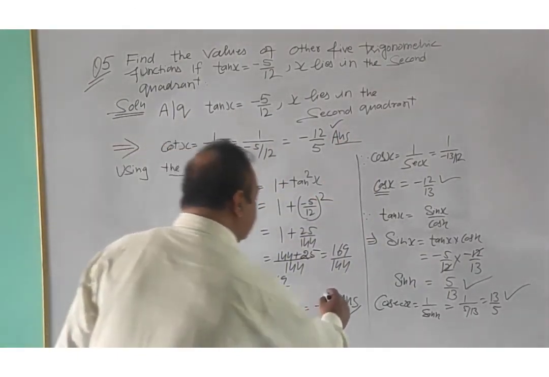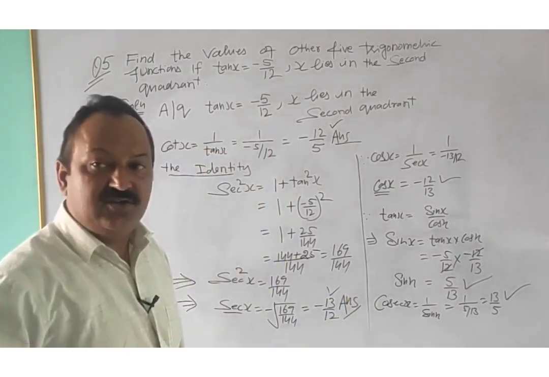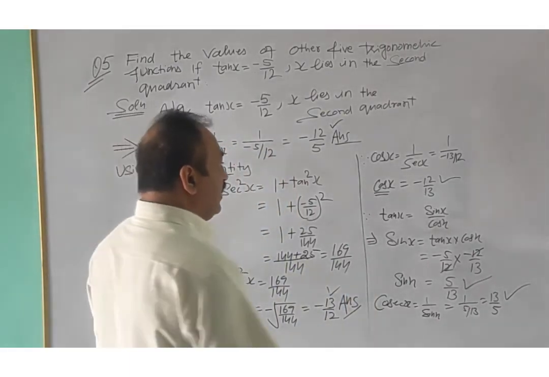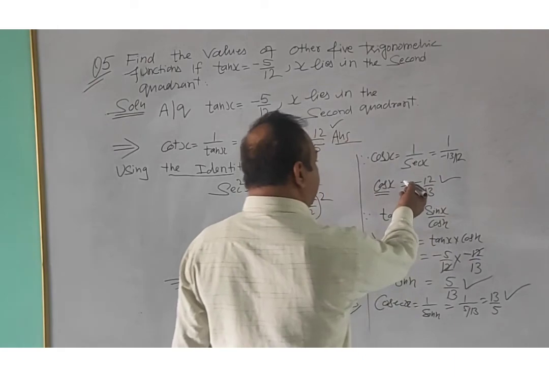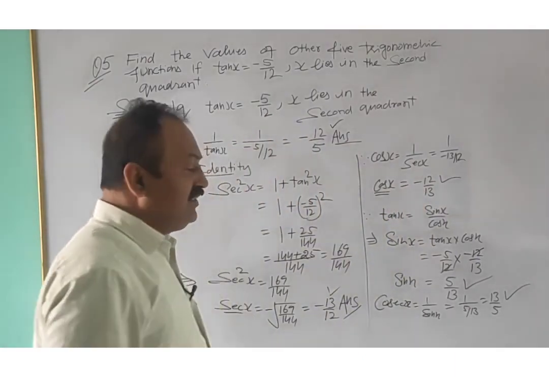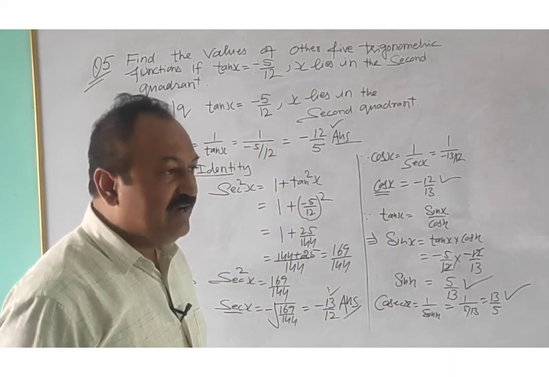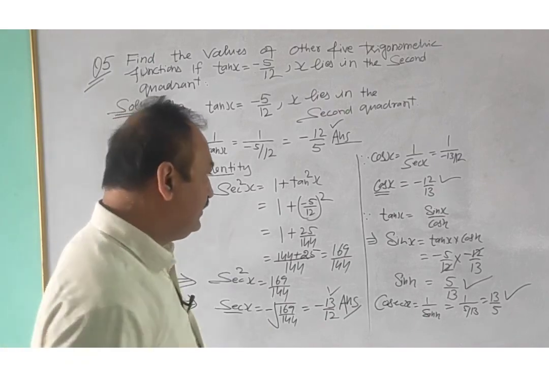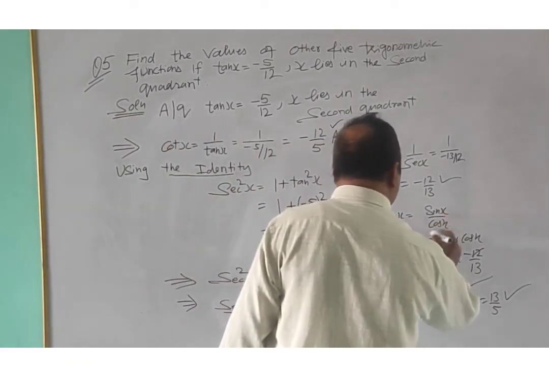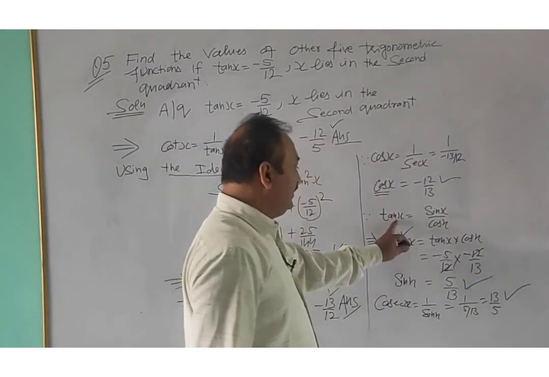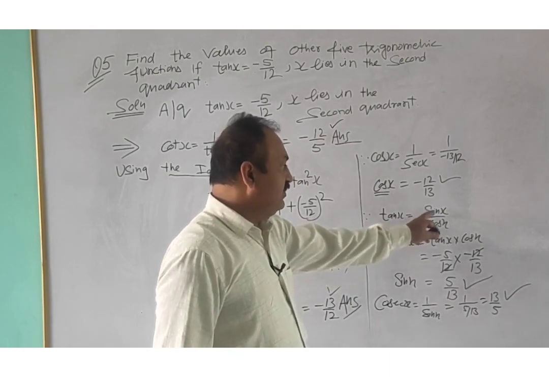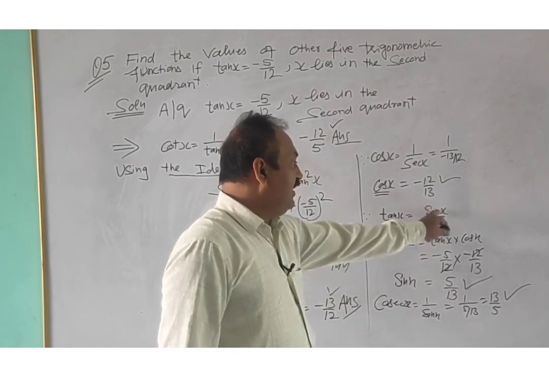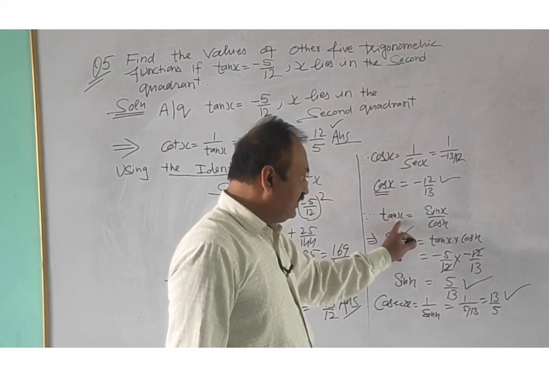of the secant x, that is the second trigonometric function, cos x after taking the reverse of the secant x, that is the third trigonometric function, and value of the sin x by using this identity. Tangent x is equal to sin x upon cos x, sin x is equal to tangent x into cos x.